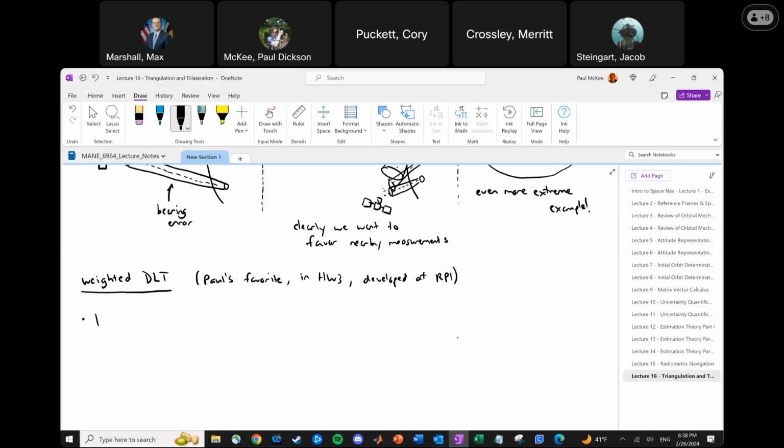So to account for range dependent error, we weight each measurement by what else?